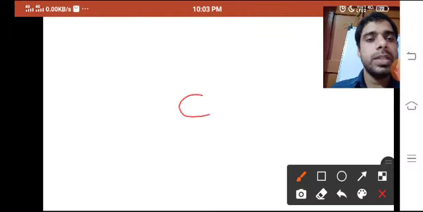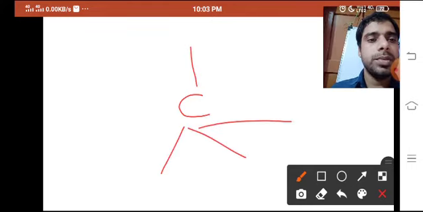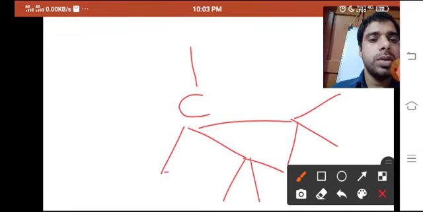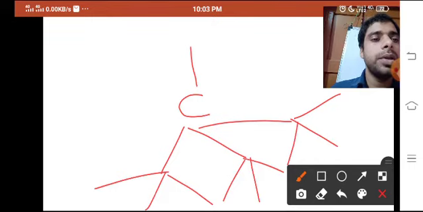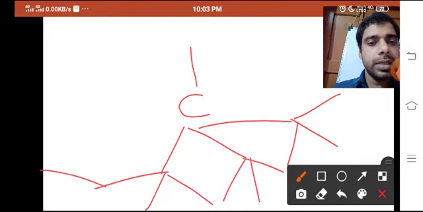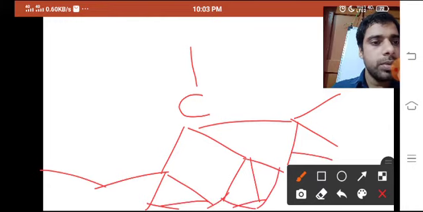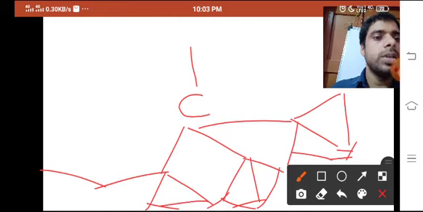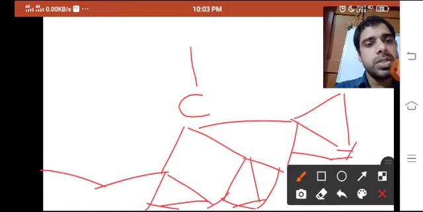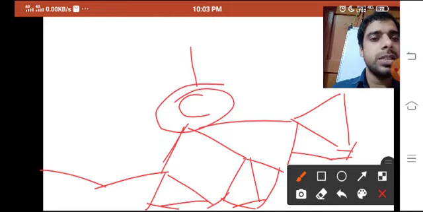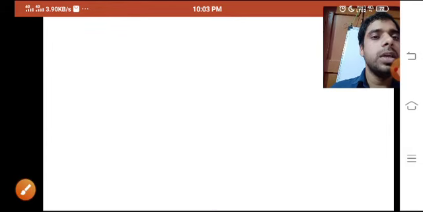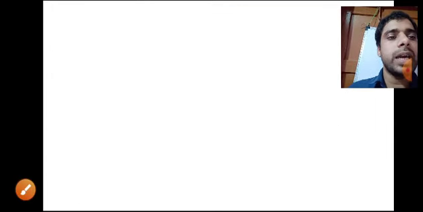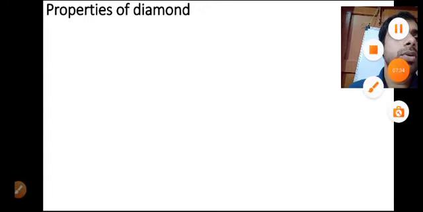Here one carbon is there, one, two, three, and so on. So this will make one structure when joined together. In the book, it has been given very well. So this is the tetrahedral structure: one carbon is attached with four more carbons.